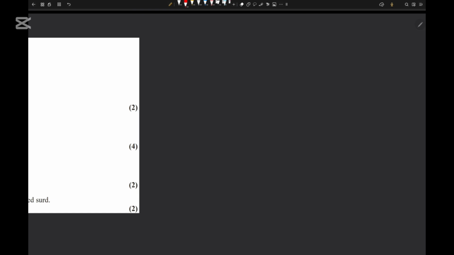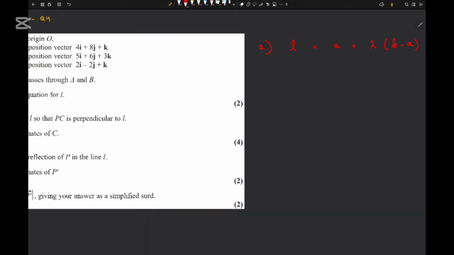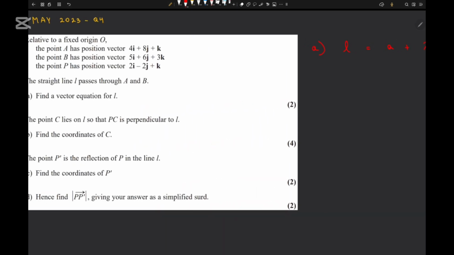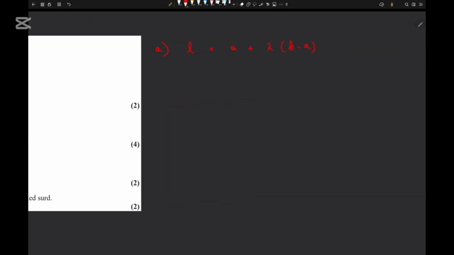So for line L, we can write this as L equals A plus lambda B minus A. The vector equation can be written like this, as the line passes through both of these points.